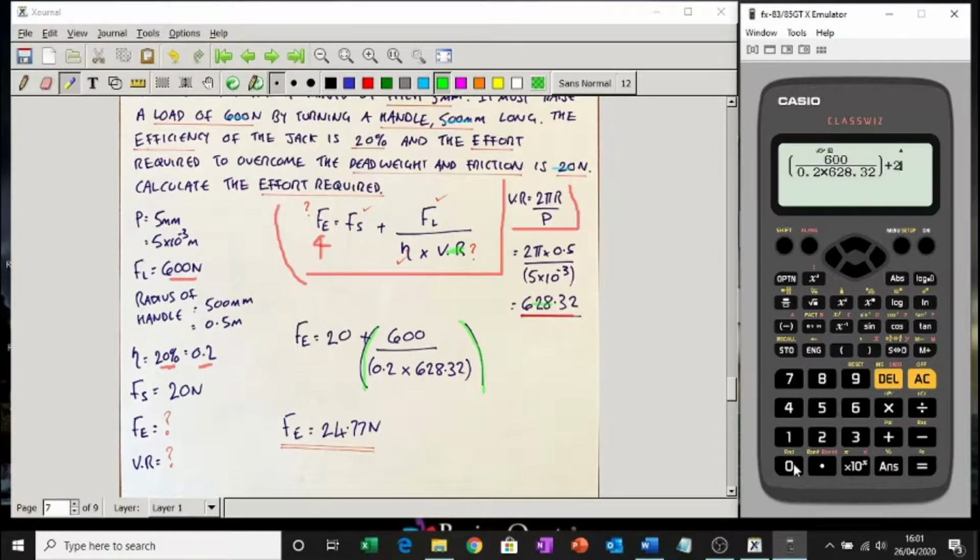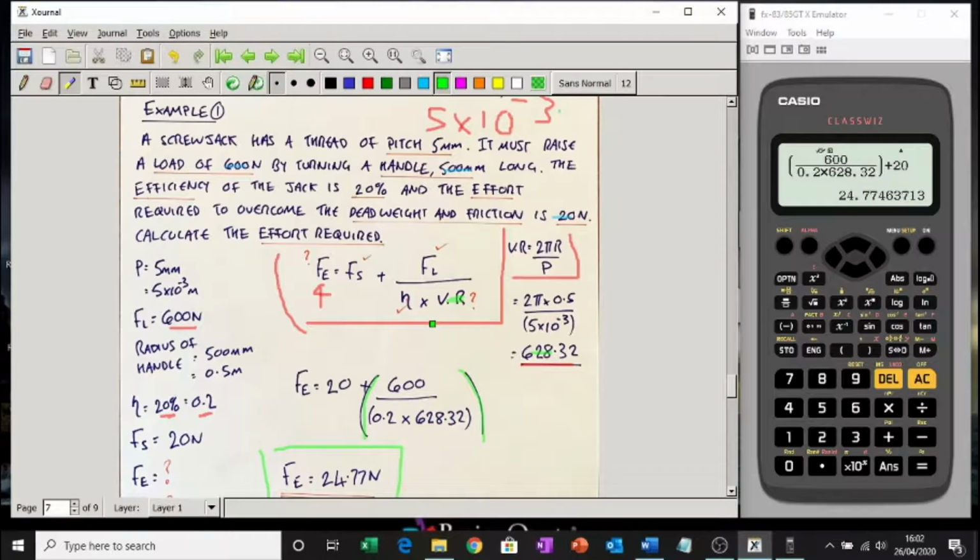Plus the 20 gives me 24.7. So that's the effort needed. How much effort you need to put in, perhaps, to lift your car with a screw jack with parameters like that. So the effort needed to lift a load of 600 is 24.7, which is not bad really.